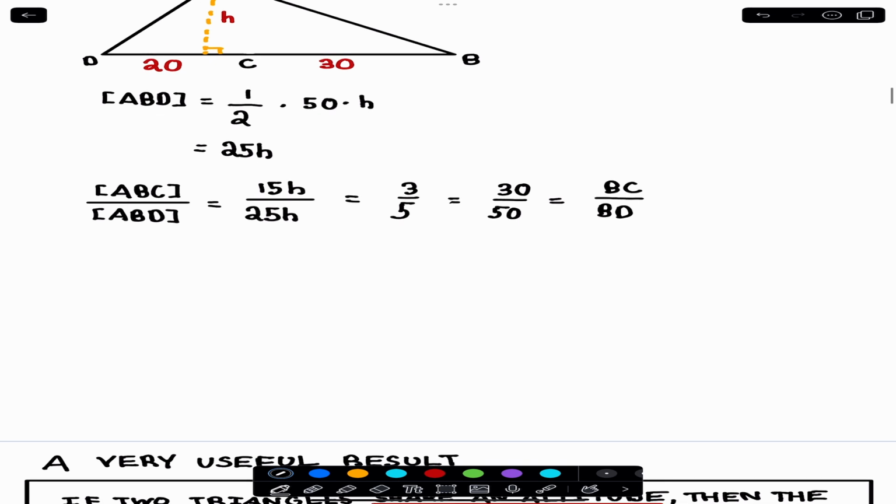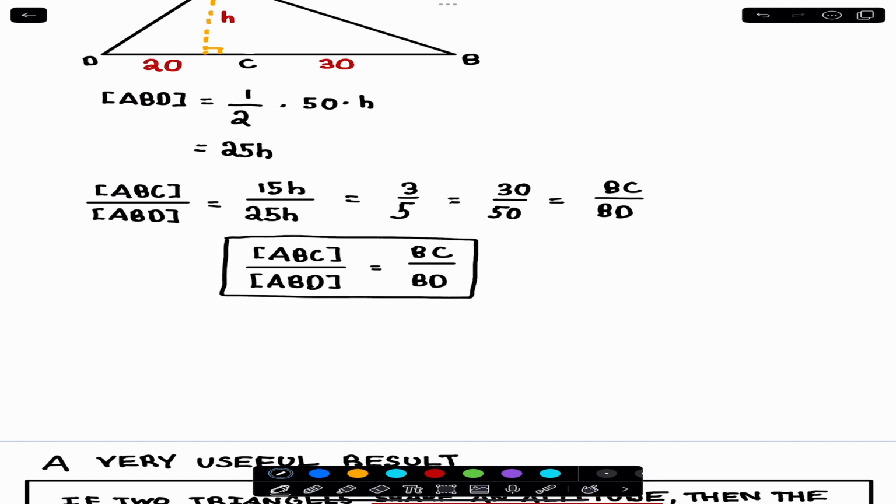So I can write that out more clearly over here: BC over BD. Great. Let's call this number 2.